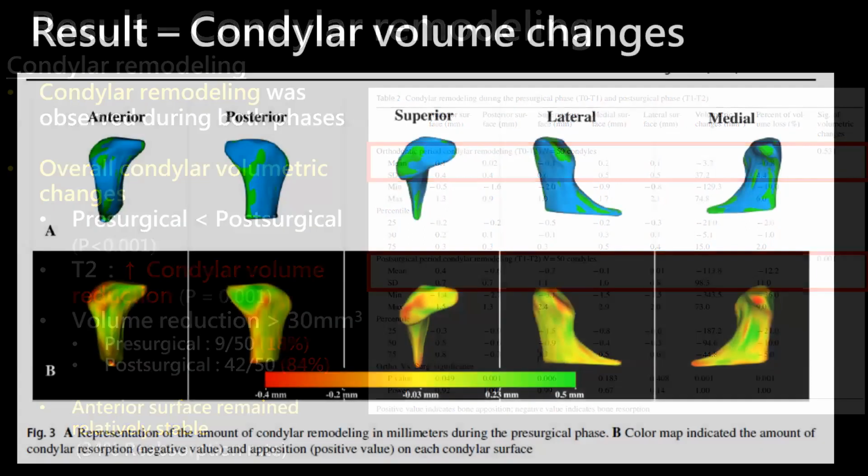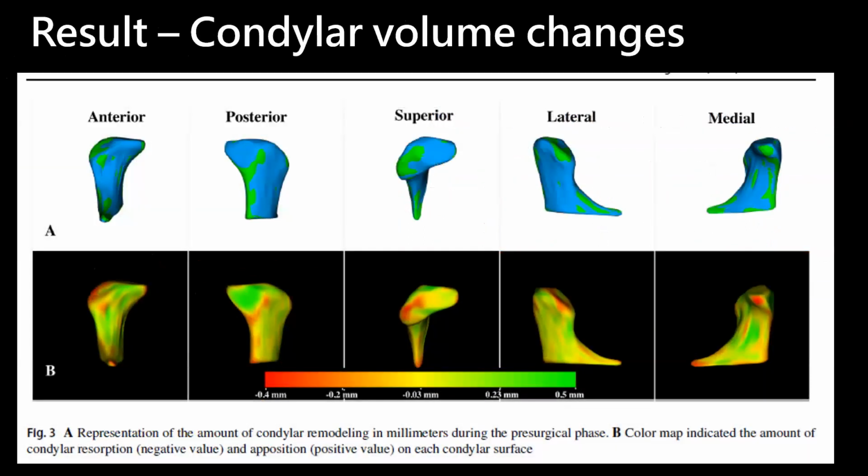And the condyle volume changes. Here they use a 3D simulation to show, as you can see, the red color means there was a millimeter decrease. The volume is decreased.